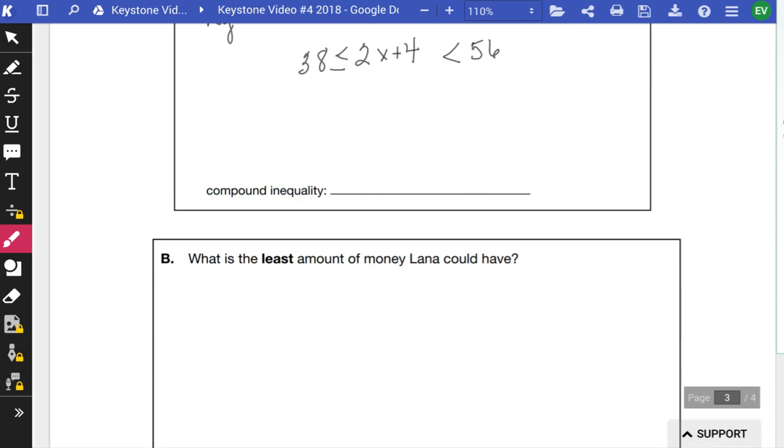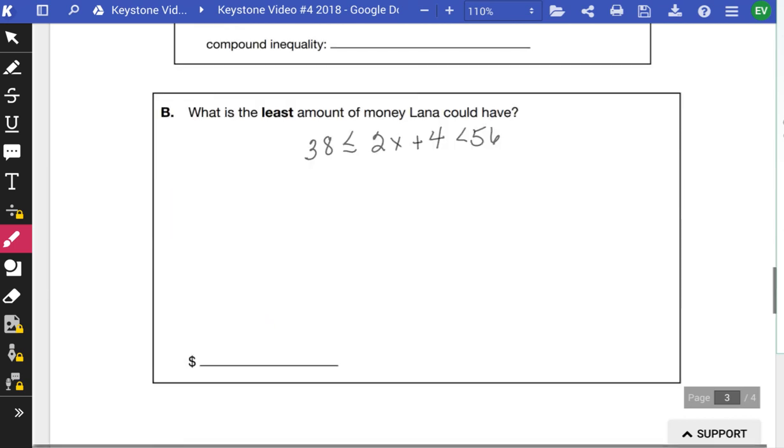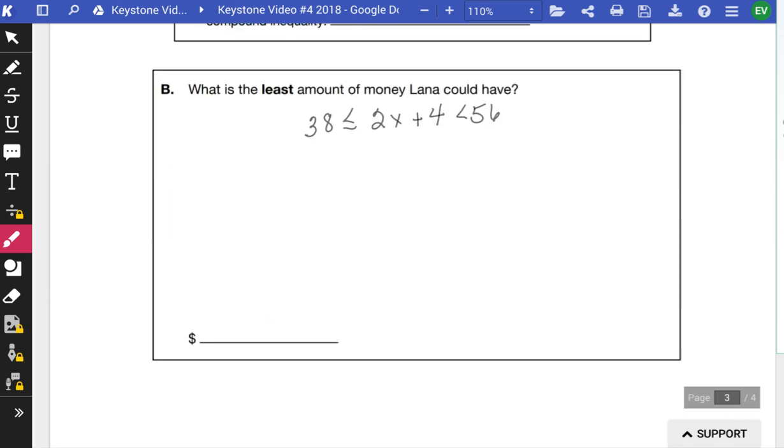So let me copy our compound inequality. Because remember, X has to do with Lana's money. We're going to solve this. So we're going to subtract 4 from everything. So we get 34 is less than or equal to 2x is less than 52.